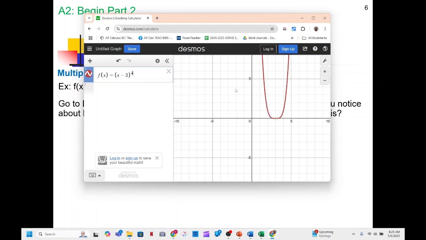Fourth power, kind of back to a parabola. Fifth power, still doing that flattening but crossing sort of thing. Sixth power, parabola. Seventh power, we're back to that. Eighth power, we're back to a bounce. So we keep going back and forth, and in fact, if you made a slider p and just started changing this up, you're going to notice that we are just going back and forth between bouncing and crossing through at a flattening sort of angle.